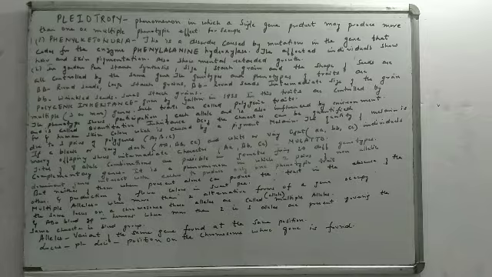So what is polygenic inheritance? It was given by Galton. In this, traits are controlled by 3 or more genes, and such a combination of 3 or more genes is what we call multiple genes. Such traits are called polygenic traits. If I say this is a polygenic trait, it means that this trait is being controlled by 3 or more genes. And such an inheritance will be known as polygenic inheritance.